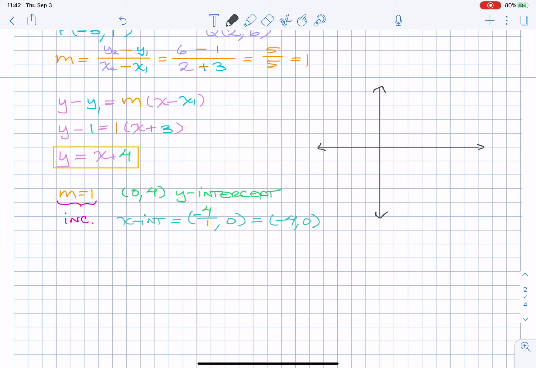Sorry, my y-intercept is 4, my x-intercept is negative 4. So 1, 2, 3, 4. 1, 2, 3. I think I'll make my negative y-axis a bit smaller. 1, 2, 3. 1, 2, 3, 4. And I'll make my positive x-axis a bit smaller as well.